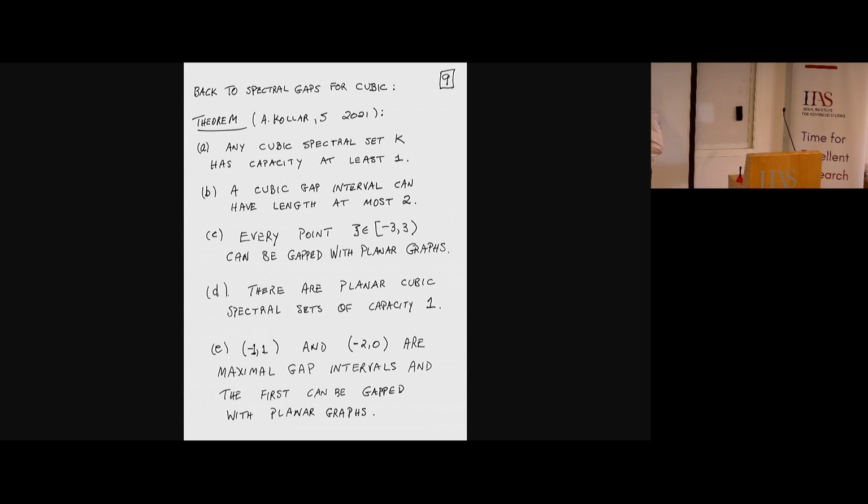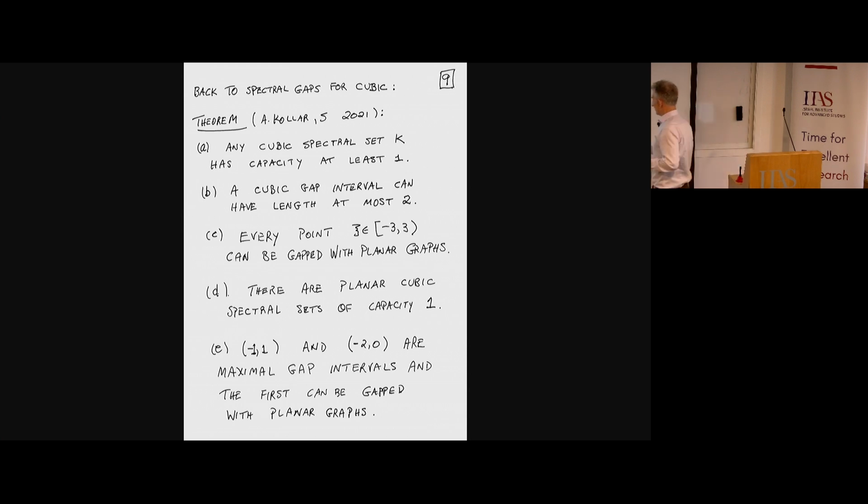A purely combinatorial theorem we can prove is that any interval whose length is bigger than 2 cannot be a gap set. So let me repeat that. I give you any sub-interval of -3, 3, and if its length is bigger than 2, then there are only finitely many 3-regular graphs which have no eigenvalues in that set.